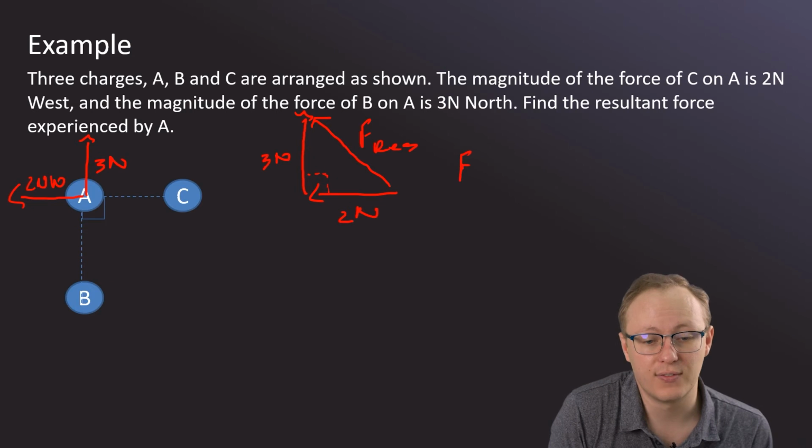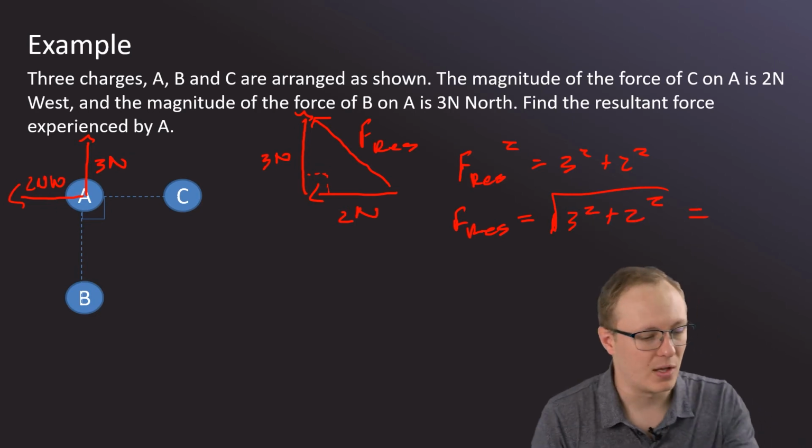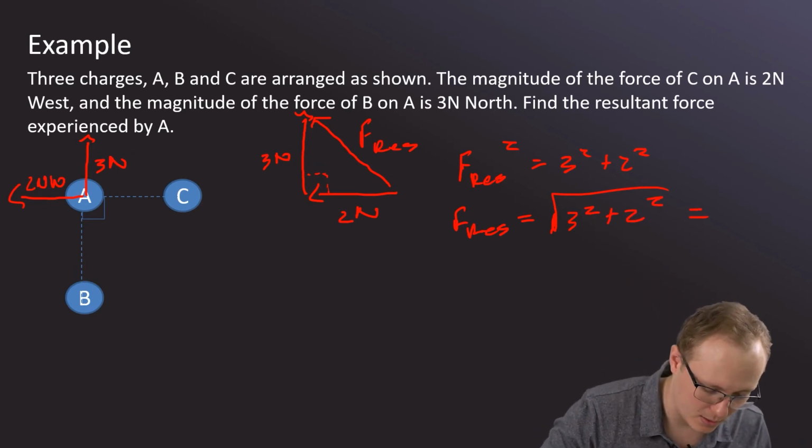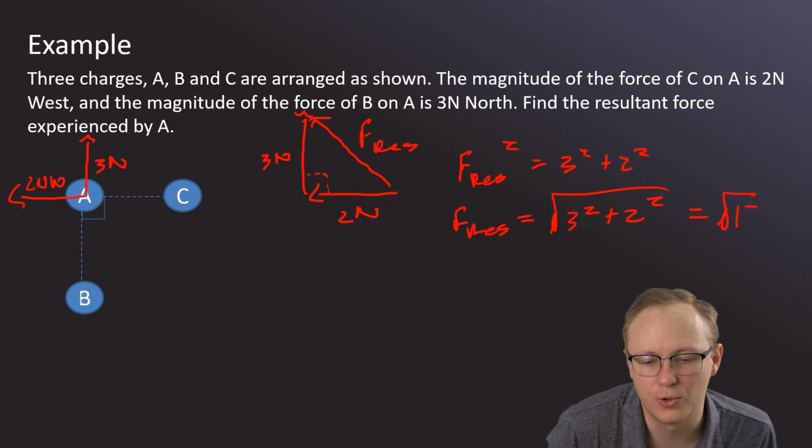Right, so we're going to say that the F res squared is equal to the 3 squared plus 2 squared, which means that the F res, or F net again, is going to be the root of 3 squared plus 2 squared. And then again, I'm going to use my calculator. So 3 squared plus 2 squared is equal to root 13. Okay, so that's then going to be root 13 newtons.